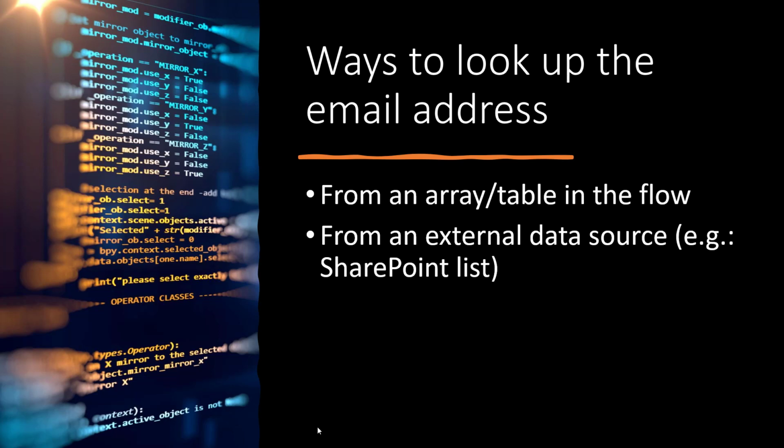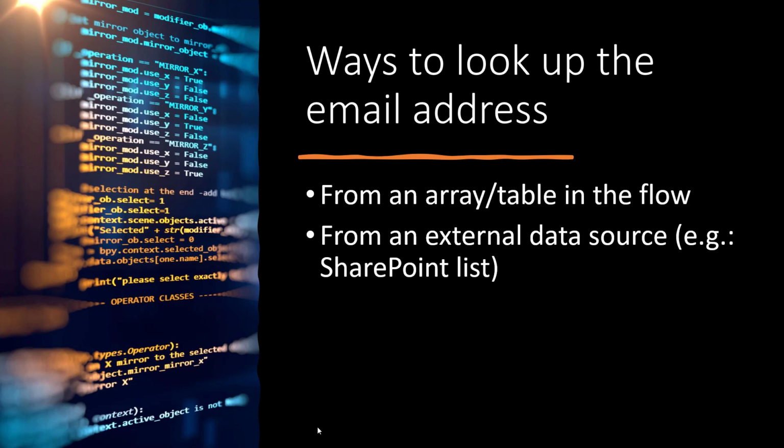As the person associated with that role or doing that job changes, you don't want to have to open up your flow to change what is essentially code in the flow. You want to change the data source. So go to your SharePoint list and remove one person and put in a different person. So that's what we're going to go with for the external data source. We're going to look it up in a SharePoint list.